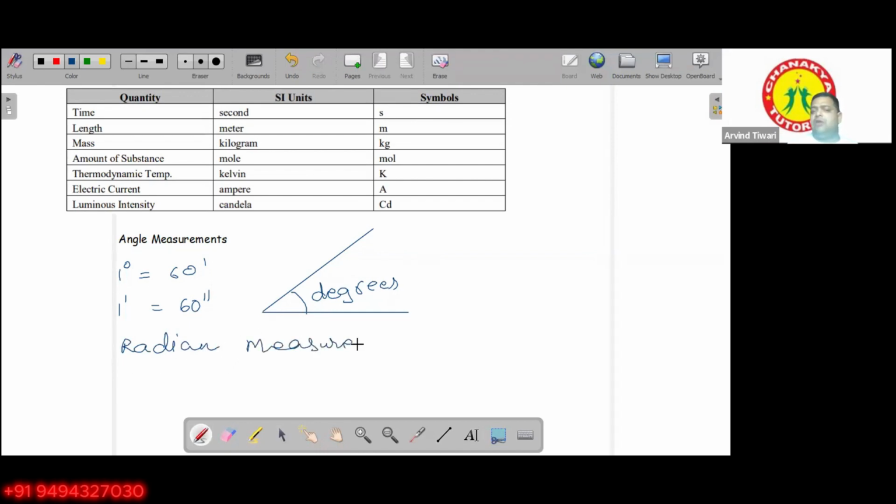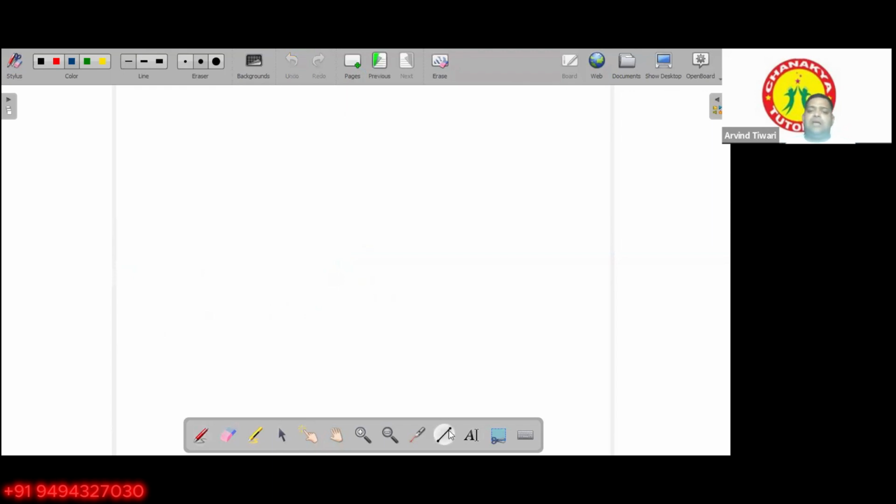So let us see how we define the radian measurement and how different angles can be measured in terms of radian. In radian measurement, we find the angle as the ratio of the length of arc to the radius.